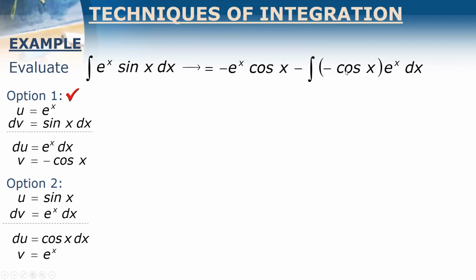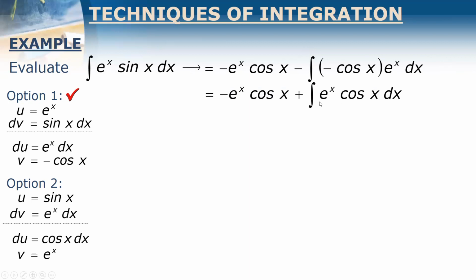Multiplying negative and negative becomes positive, and then we rearrange: e to the x cosine x dx. Now, the result is this one, the integral of e to the x cosine x dx.